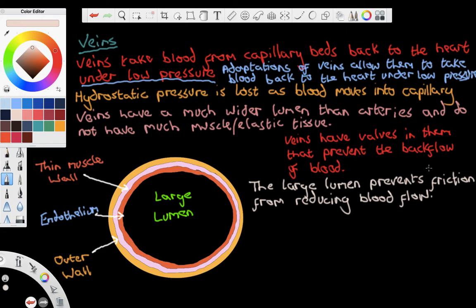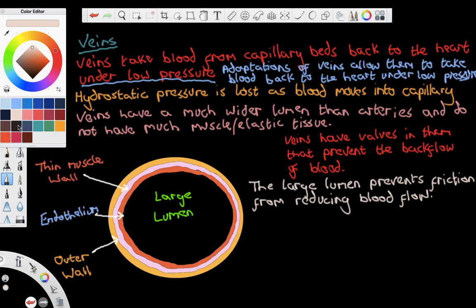They have valves which prevent the backflow of blood, and blood flow through the veins is helped by muscles contracting on them. So as blood moves up your leg from your foot through your veins, muscles in your leg contract on the veins, pushing blood through them, much like a tube of toothpaste. You push on the toothpaste tube from the bottom up to push the toothpaste out of the end of the tube.